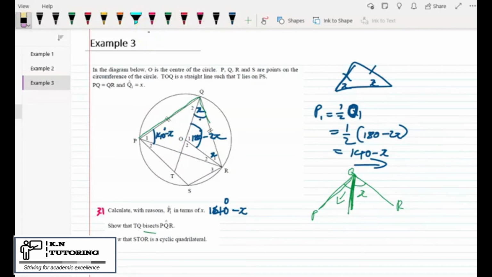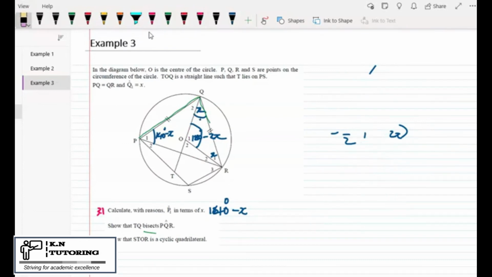Okay, let me make some space here because there are a couple of calculations that I'm going to do. All right, so this is going to guide us. So this is going to lead us to an answer. Right? So those lines are equal.